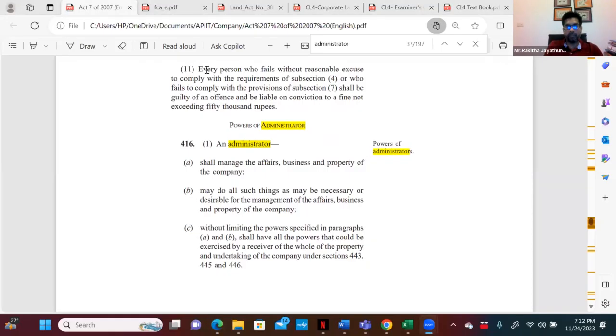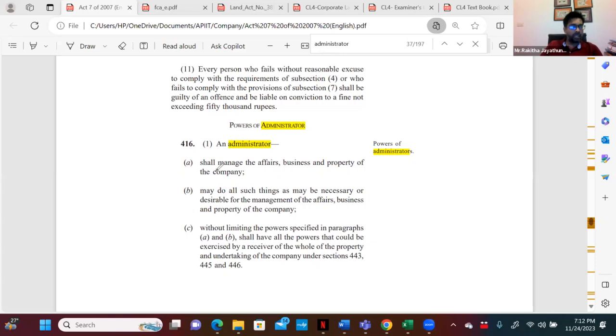You can see the powers of an administrator. Again, sometimes you will have to change a bit when you're writing the answer, to make it suitable to the question that you have been given. But basically here you can reproduce this.